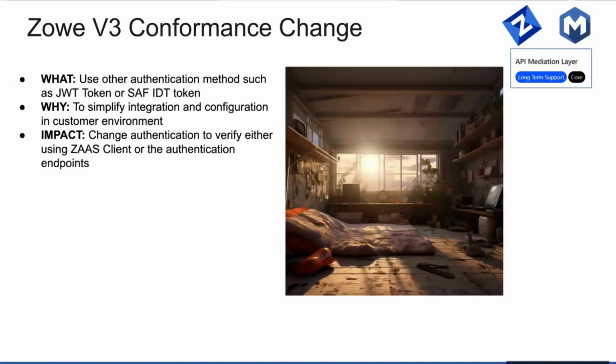As for the authentication, we are supporting 3 different methods for the services to be onboarded. It's the JWT token, SAF IDT token, and pass tickets. We will be keeping support for pass tickets, but we will be recommending as a best practice that the JWT token or SAF IDT token is used.